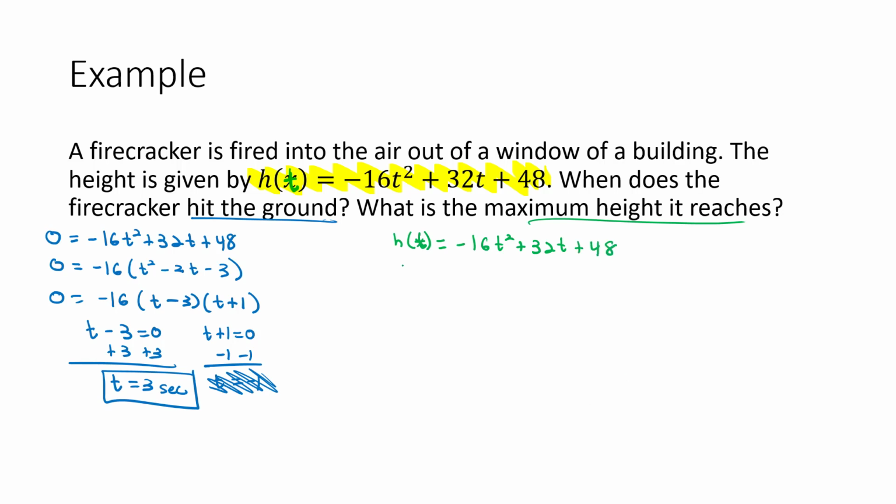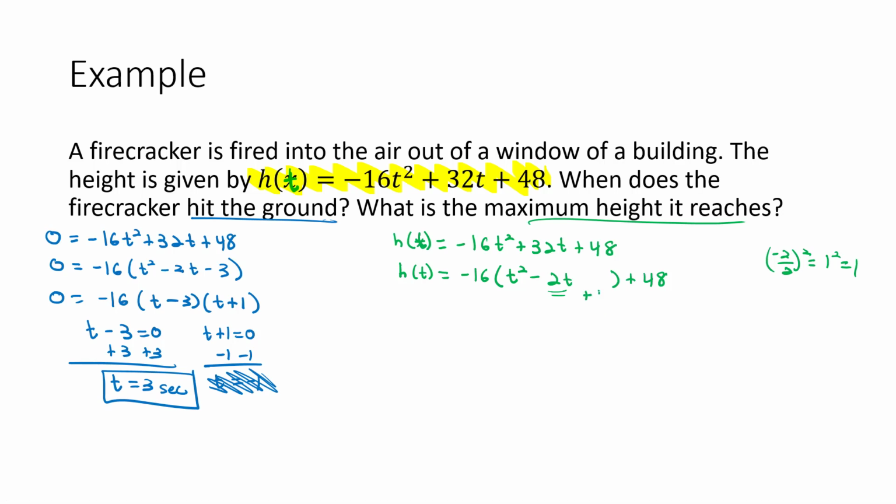To get into vertex form, we first factor out the negative 16, which leaves us with t squared minus 2t, plus 48. Find that magic number using that negative 2. Negative 2 divided by 2, squared, is 1 squared, or just 1.